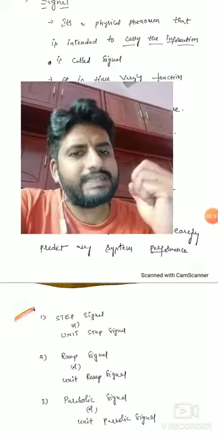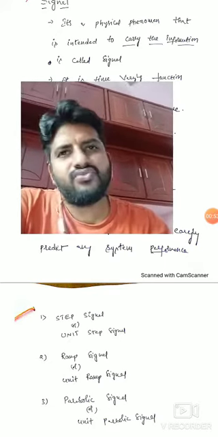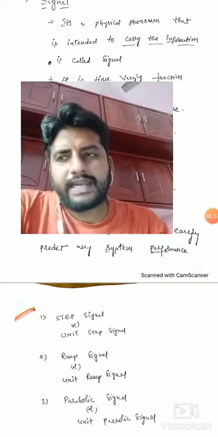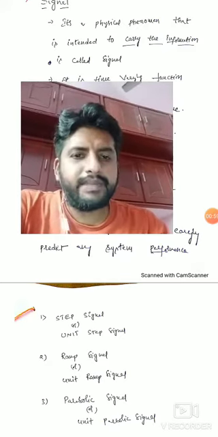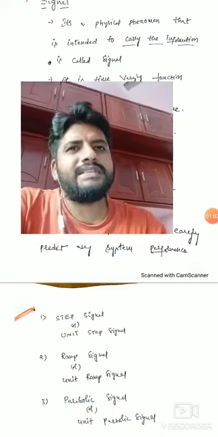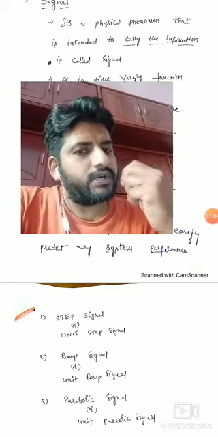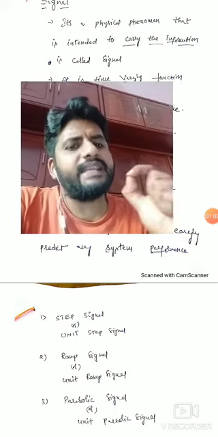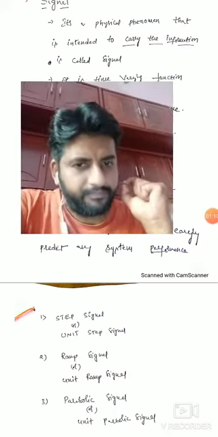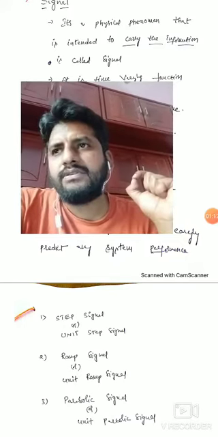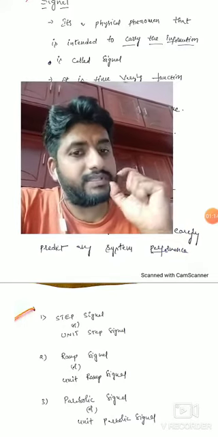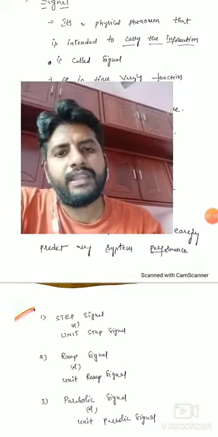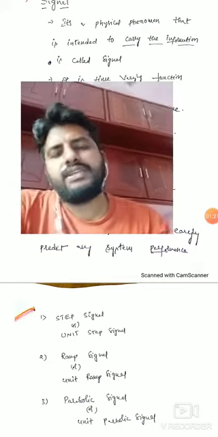After that, what are the static characteristics in the instrument? Each and every instrument has some static characteristics and dynamic characteristics. Static means it doesn't vary with the time. So what are the static characteristics? In detail, we explained each and every static characteristic with an example. If you have any doubts, feel free to ask me about static characteristics, because those are very, very important in this first unit.